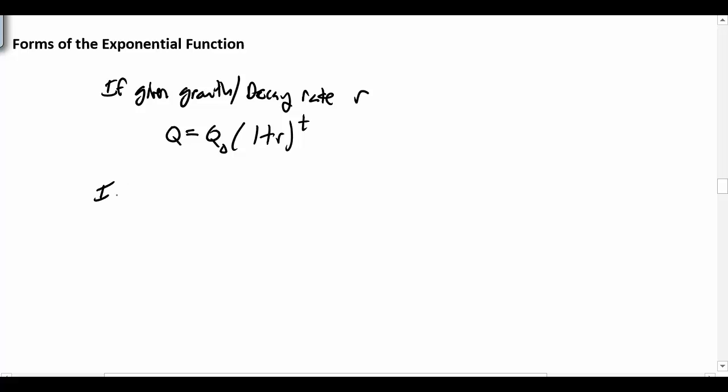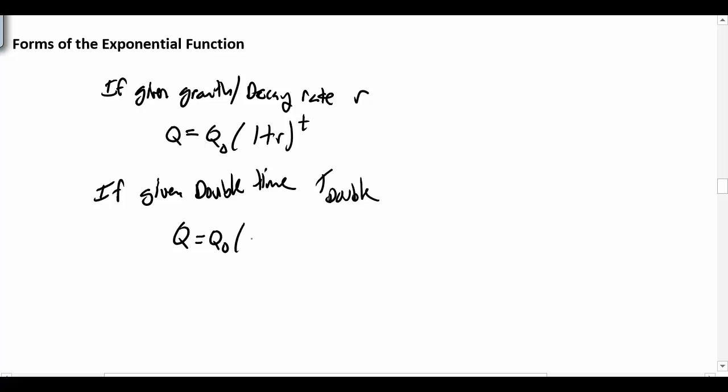If we're given the double time, the time it took for it to double, then we want to use Q equals Q naught times 2 to the T over the double time.